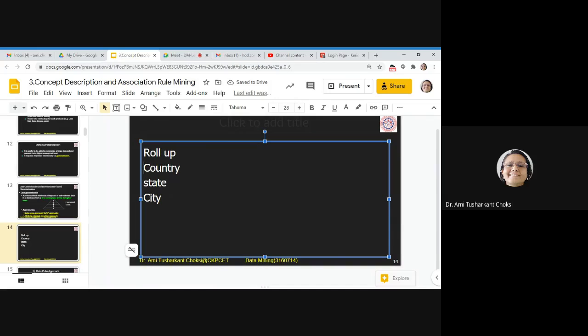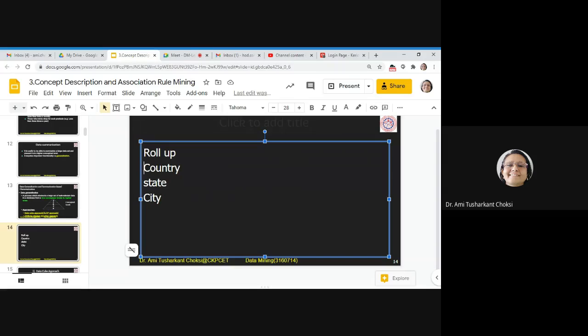When we are going from city to state to country, this is called roll up. That means wherever Surat city is here, we replace that with Gujarat, and then we replace that with the country, that is India. So we can say that it is roll up.